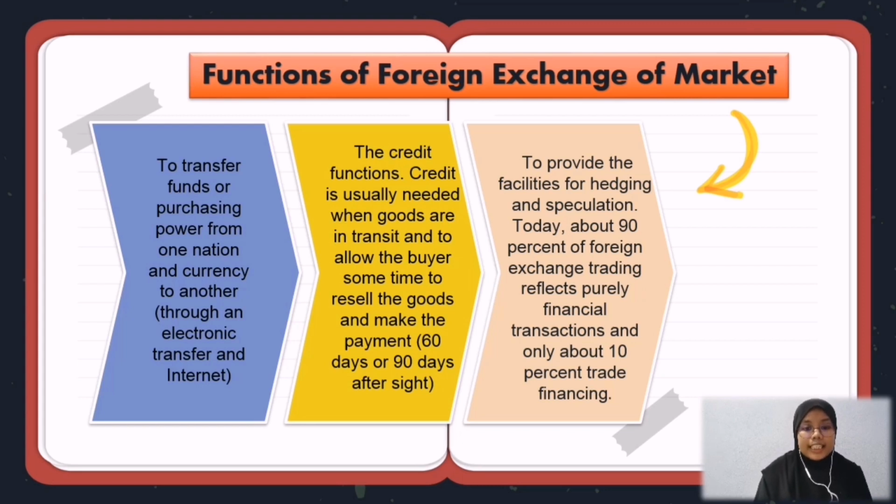Credit is usually needed when goods are in transit and to allow the buyer some time to resell the goods and make the payment within 60 days or 90 days after sight. And the last function is to provide the facilities for hedging and speculations. Today, about 90% of foreign exchange trading reflects purely financial transactions, and only about 10% trade financing.